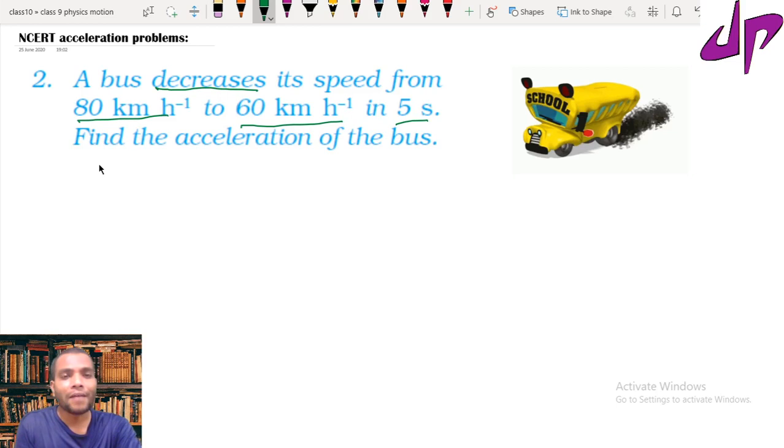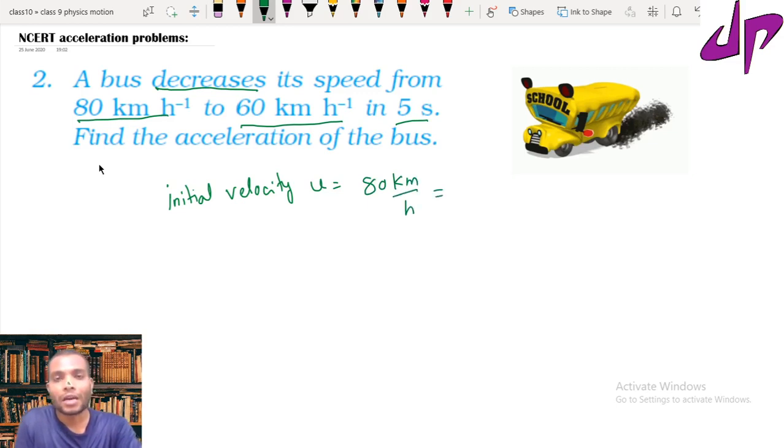Now here we have two values. Since the bus is decreasing, I'll take the initial velocity as 80 km per hour. Initial velocity u equal to 80 km per hour.